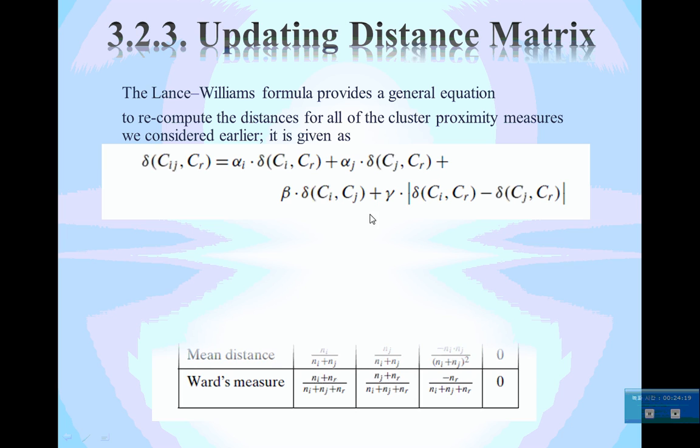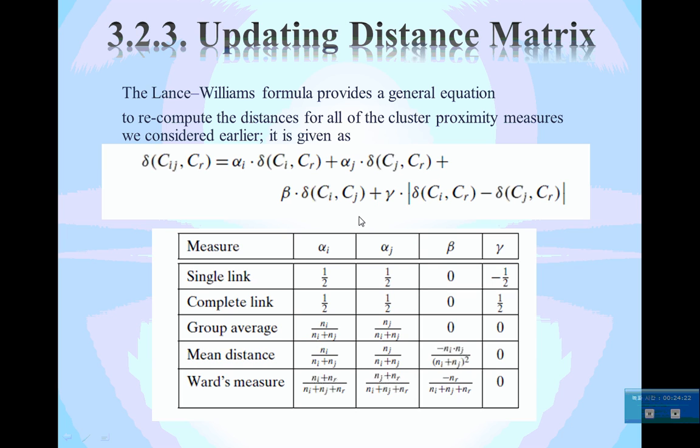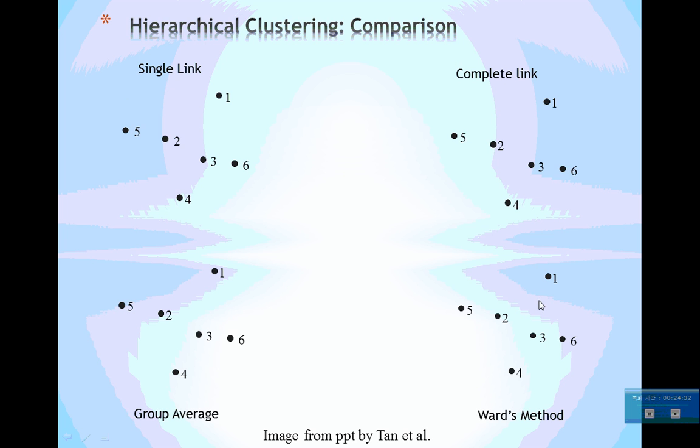If you use each method, then alpha i, alpha g, beta, gamma will be given this way. And here we are going to show how these 4 methods work with this example.